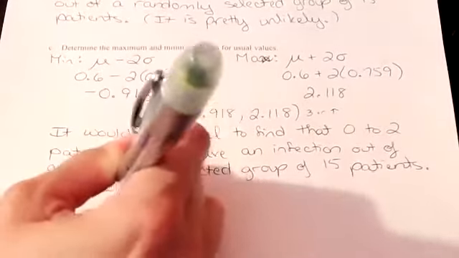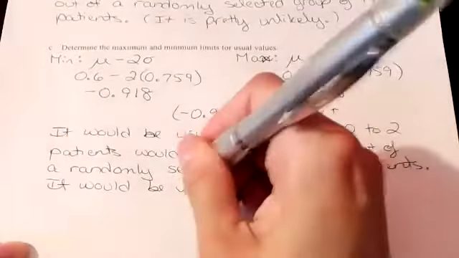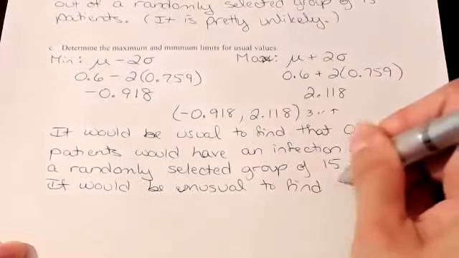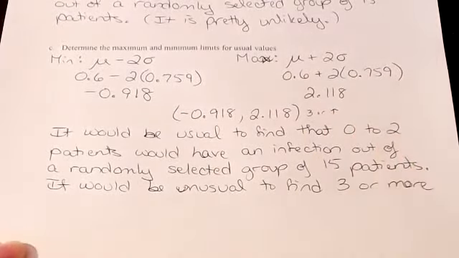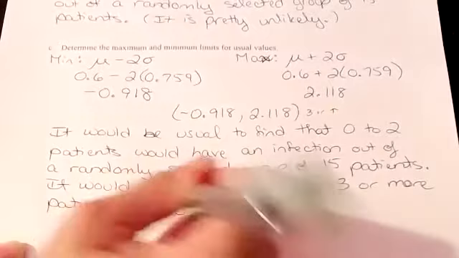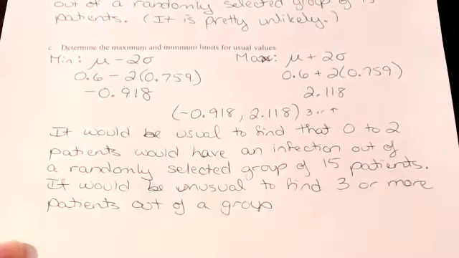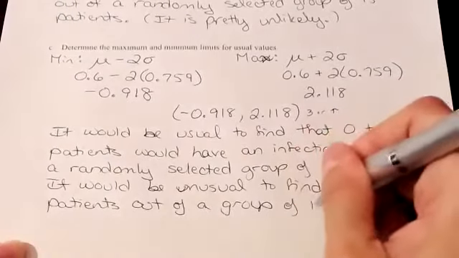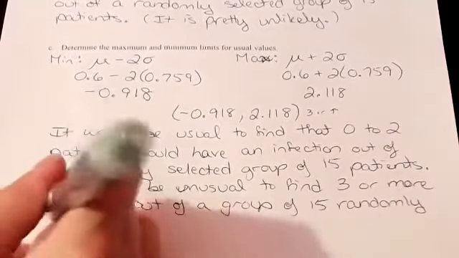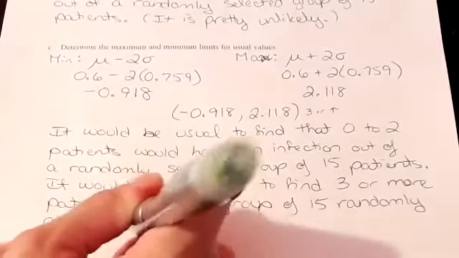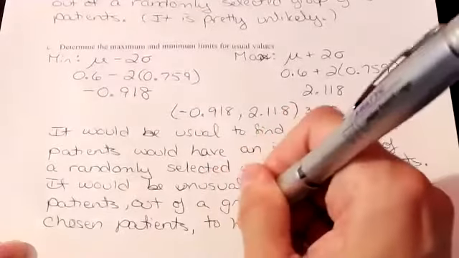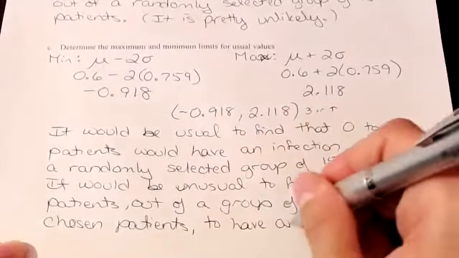It would be unusual to find 3 or more patients out of a group of 15 randomly chosen patients to have an infection.